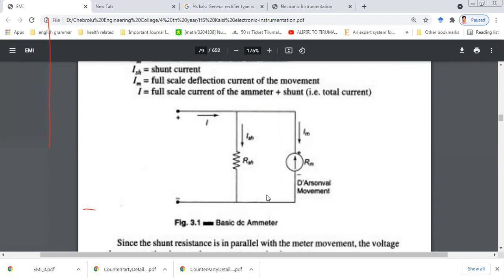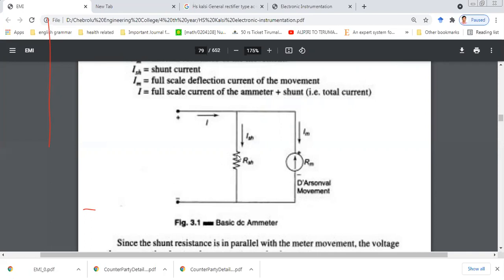Previously, in the DC voltmeter we used the multiplier. That multiplier is used as a current limiter. If high currents come into the circuit, that high current will be limited by the multiplier. Similarly, here, if more current comes through the circuit, it passes through this low resistance value.